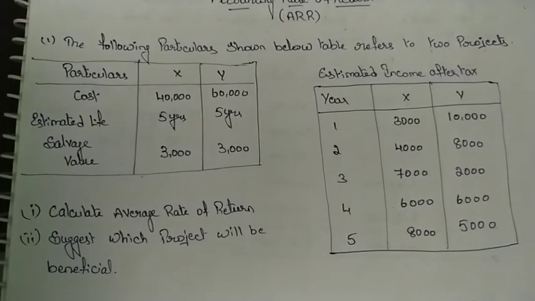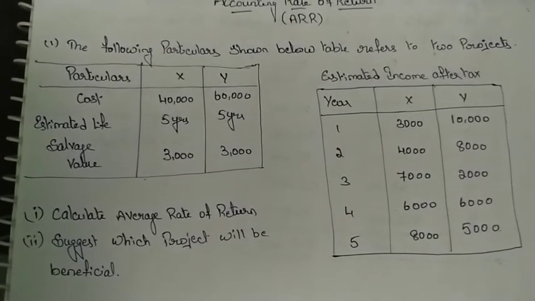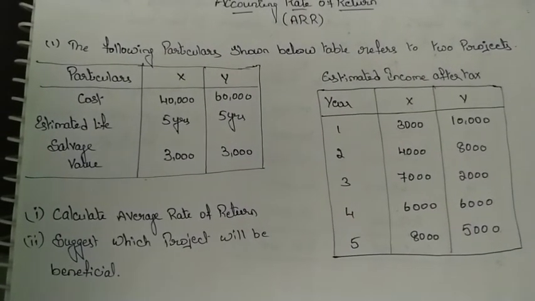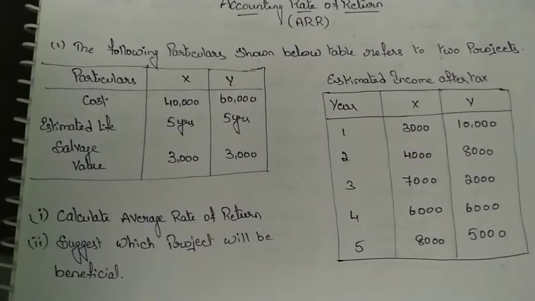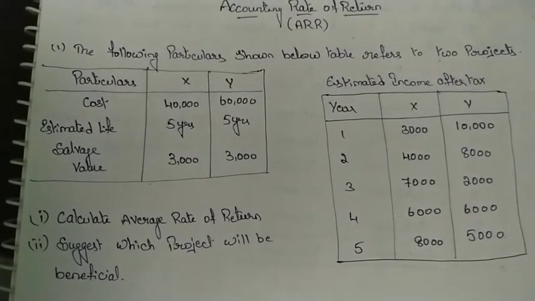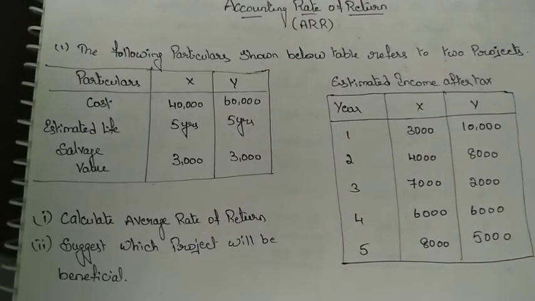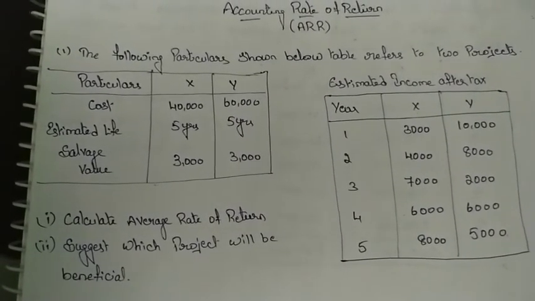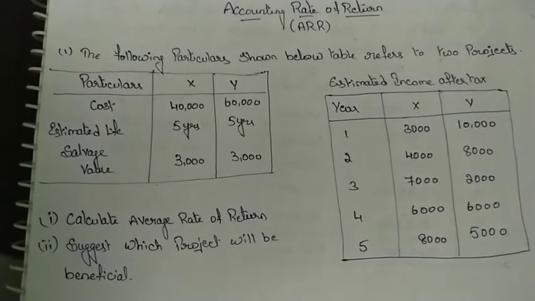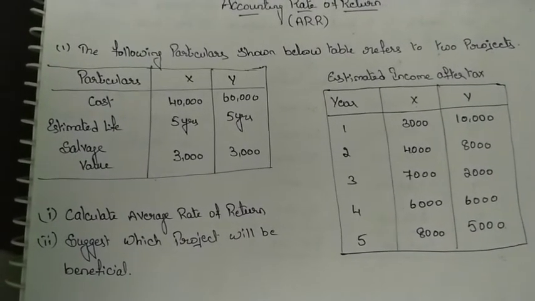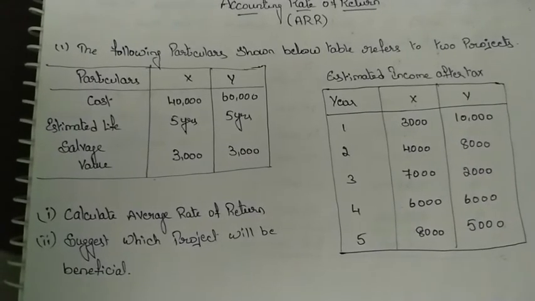In the same way for project Y: first year 10,000, second year 8,000, third year 2,000, fourth year 6,000, fifth year 5,000. With this information, they are asking you to calculate the average rate of return, and also to suggest which project will be beneficial.